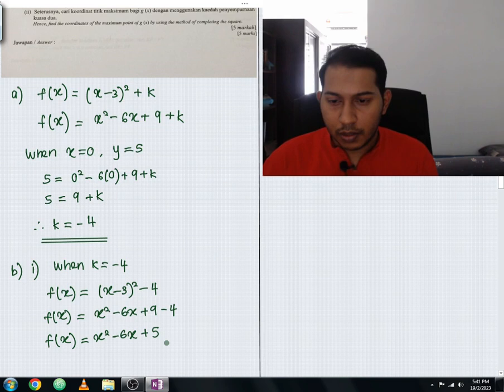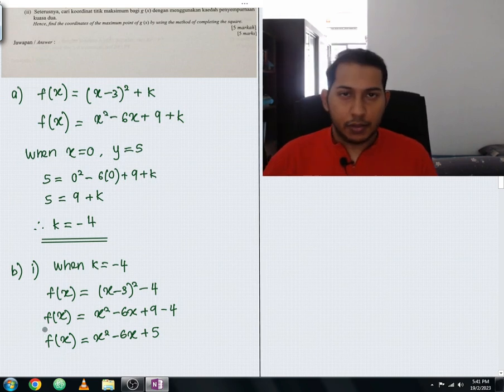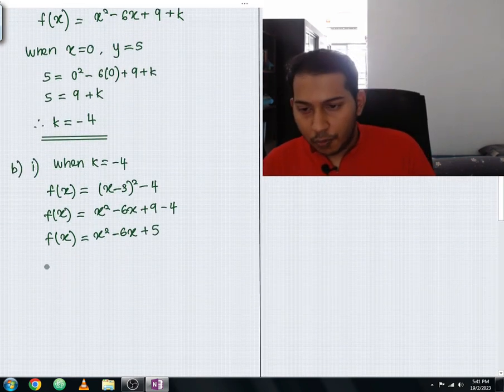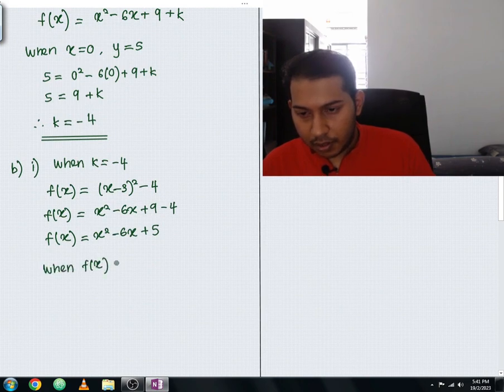Okay, so since we want to find the x-intercept, we set our f(x) equal to 0. So when f(x) is equal to 0, x^2 - 6x + 5 will be equal to 0.